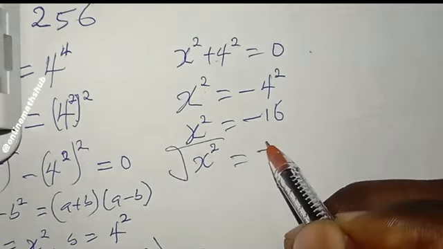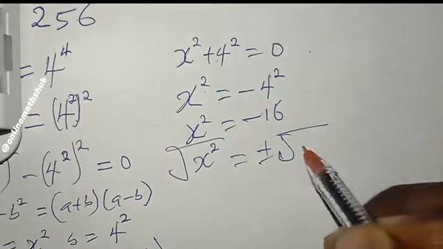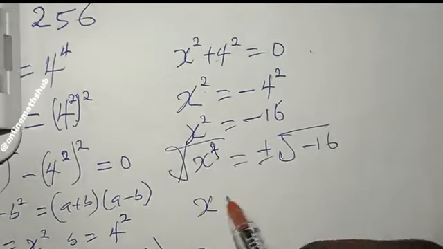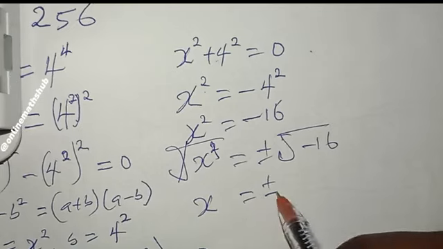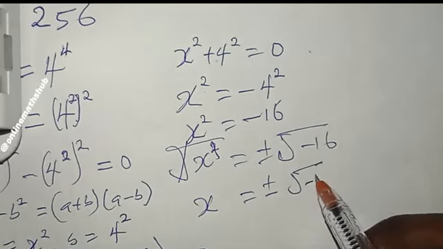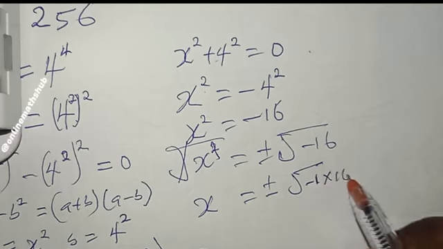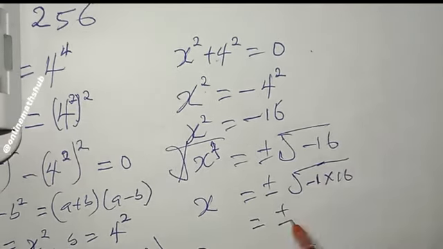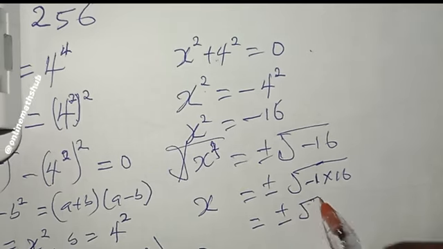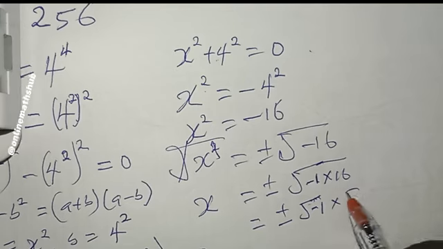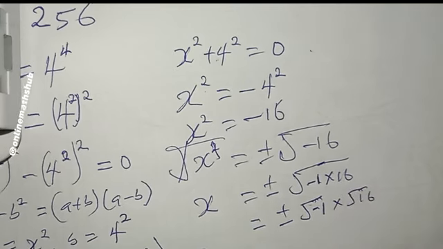and that will give me plus or minus the square root of negative 16. These two cancel, and x is equal to plus or minus the square root of negative 16. I can write this negative 16 as negative 1 multiplied by 16, so this can also be plus or minus the square root of negative 1 multiplied by the square root of 16.